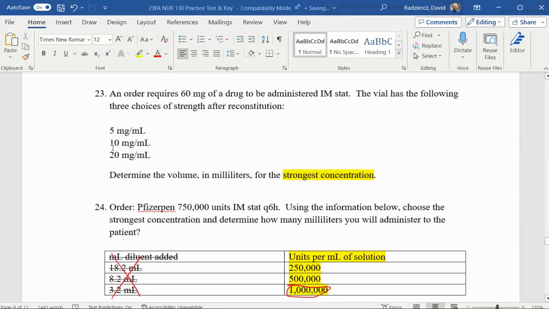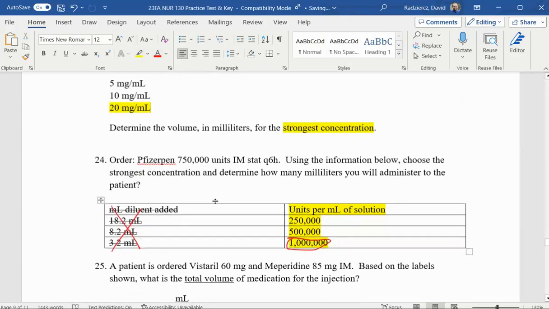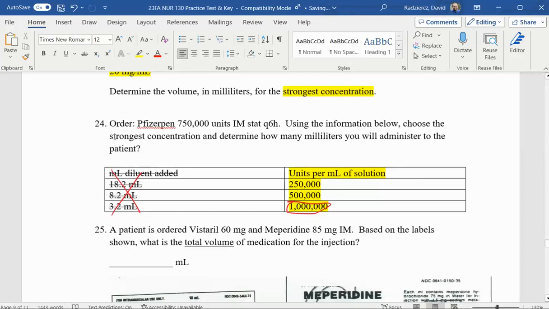Here it tells you to choose the strongest concentration, and the strongest concentration is actually going to be the 1 million. The 250 and the 500,000 units per milliliter are the other strengths, but they're less potent. And you're choosing the strongest concentration because the question tells you to.